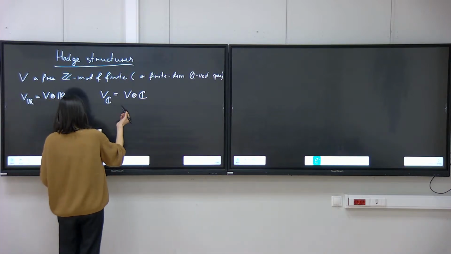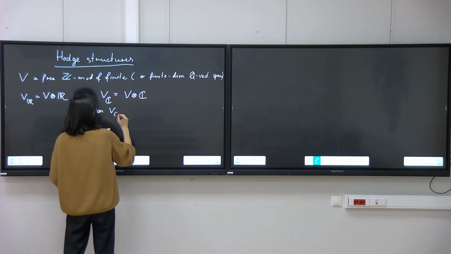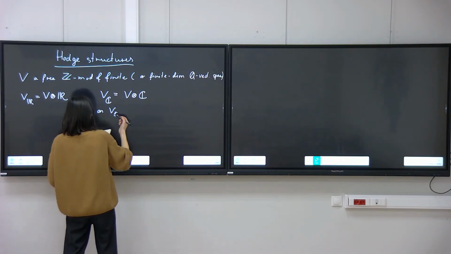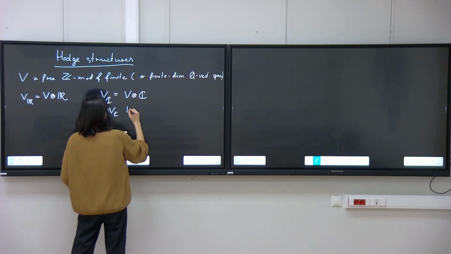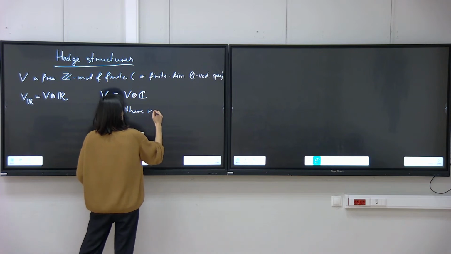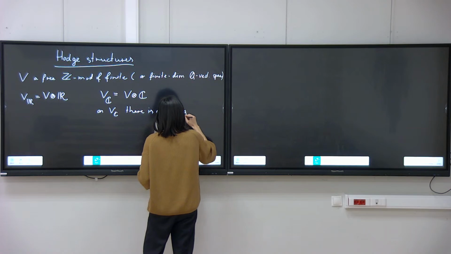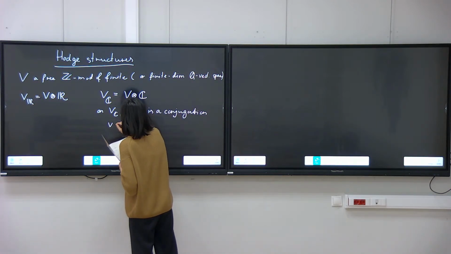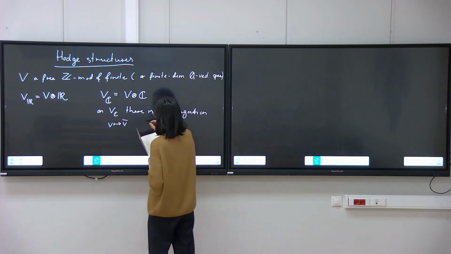And here we have a real structure. Here we have a conjugation. We will denote it just by v maps to its conjugate.